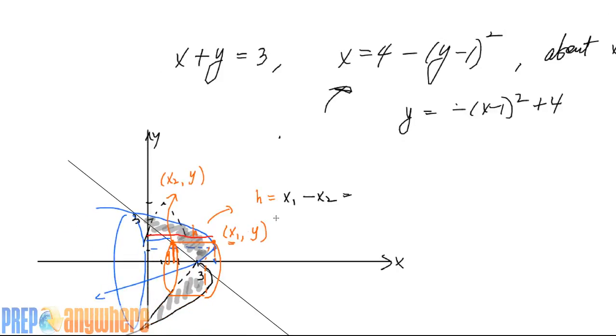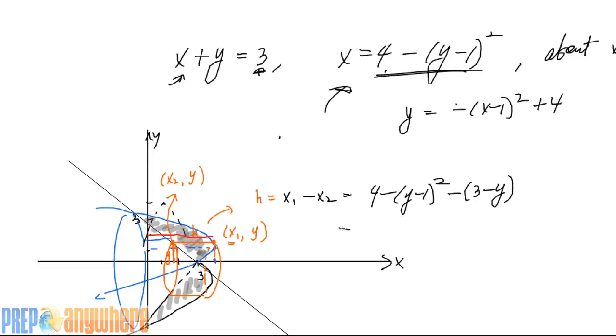So x1 is from the parabola, so that right there is x1: 4 minus (y minus 1) squared. And x2 is the line, this one right here, so you can replace it with 3 minus y.